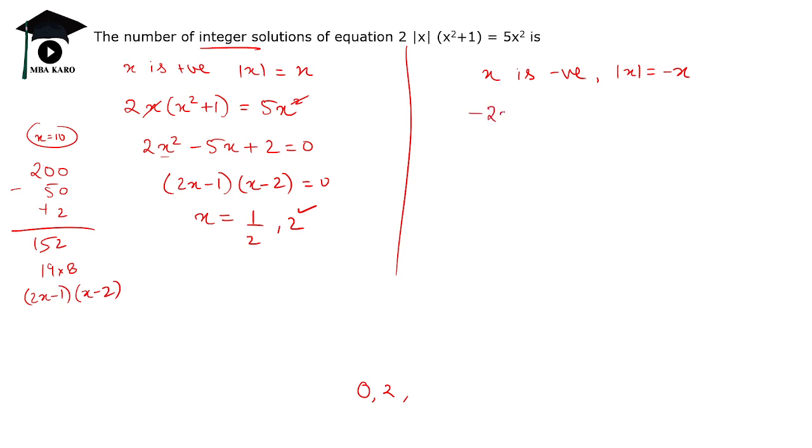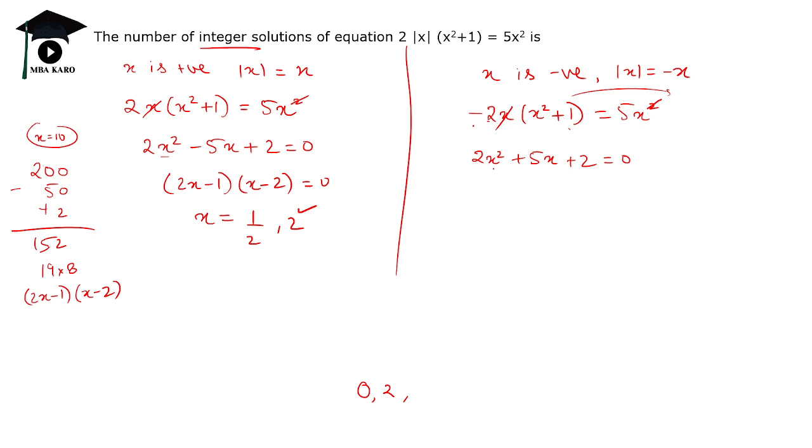Then if x is negative, this should be the case. So the equation would be 2x into x square plus 1 equals 5x square. X gets cancelled, so one of the results is going to be 0, and if we do not take 0, then it will be cancelled. So this gives us, now this is negative, it will go this side, 2x square plus 5x, and this will be minus 2, and when it goes this side it becomes plus 2 equals to 0.